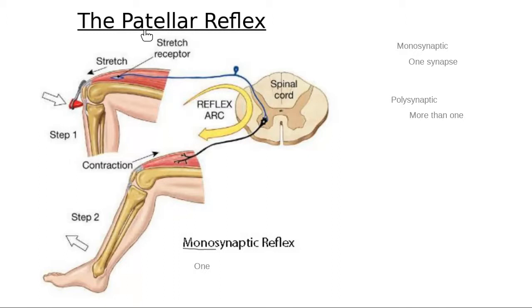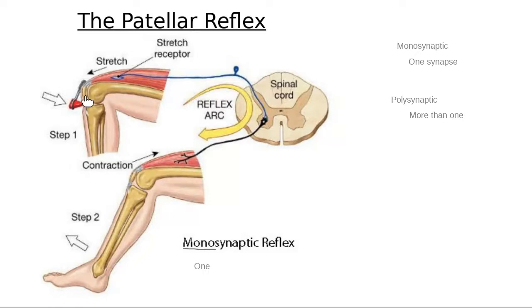So in the patellar reflex, which is a monosynaptic reflex, this is what we use to kick our doctor. When they tap your knee and you kick them out of pure rage, right? That's the patellar reflex. So the way the patellar reflex works is we have a sensory neuron that's down here inside our quadriceps muscles, so multiple muscles here in your knee. The doctor hits your patellar tendon that helps to hold the patella in place.